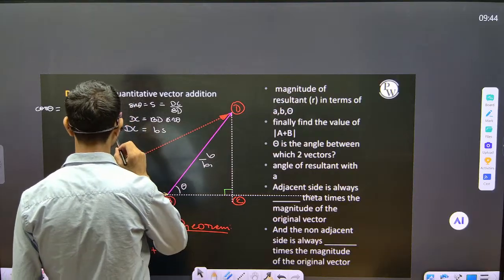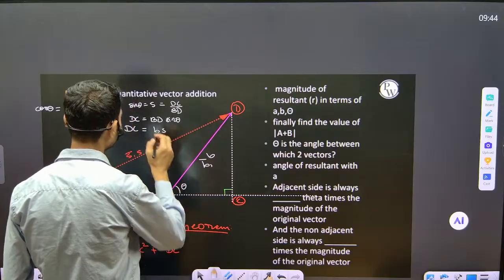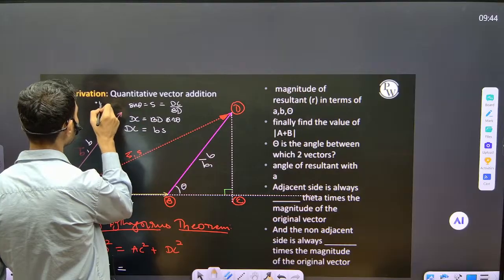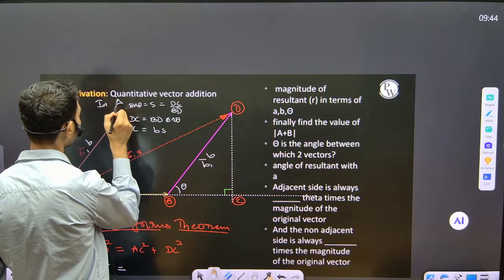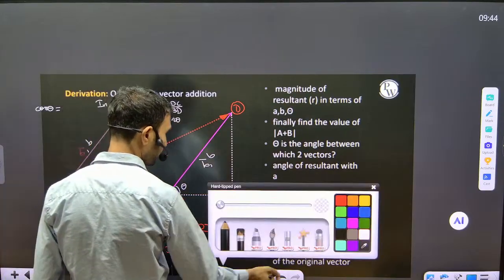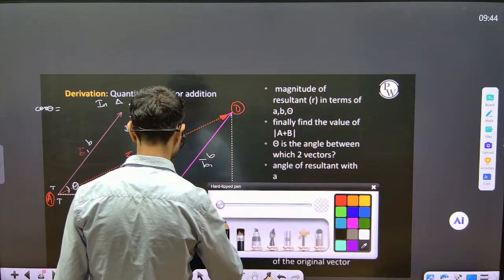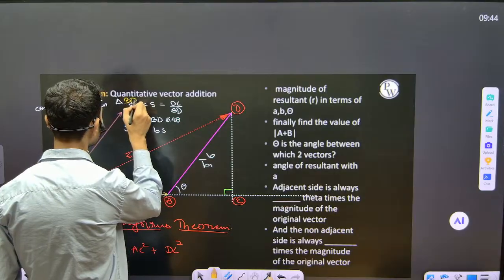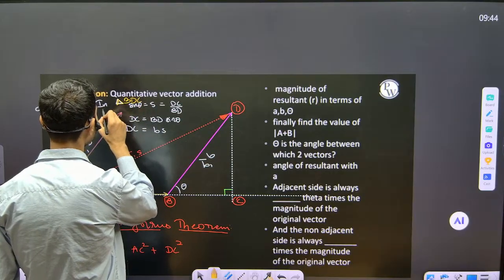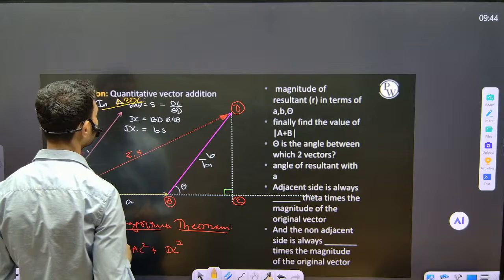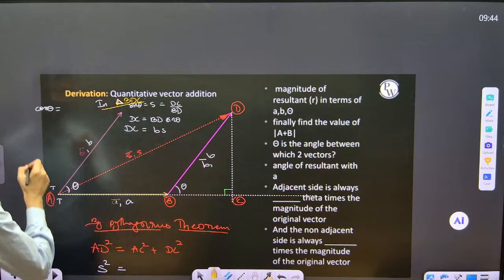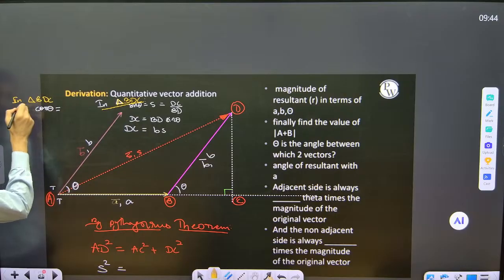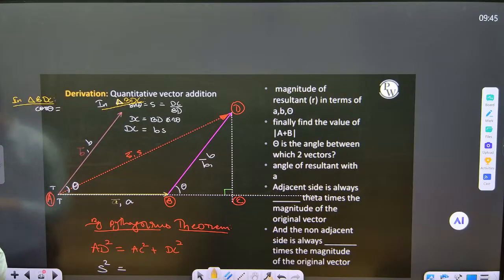Which triangle is this? BDC. In triangle BDC, we have written sin theta, right? And in the same triangle, we can write cos theta also. Right?